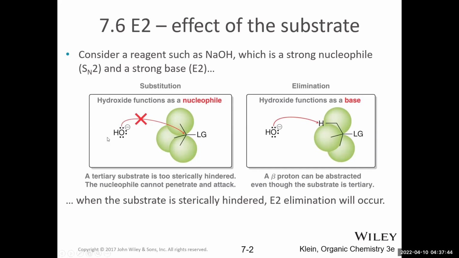When it's functioning as a strong nucleophile and involved in an SN2 reaction, it has to access the backside of a carbon in comparison to where the leaving group is located in order to do that backside attack reaction. When it's functioning as a base, it does not have to access the backside of the alpha carbon. Instead, it just needs to access a proton on the beta carbon. So it doesn't really even need to get into the alpha carbon at all.